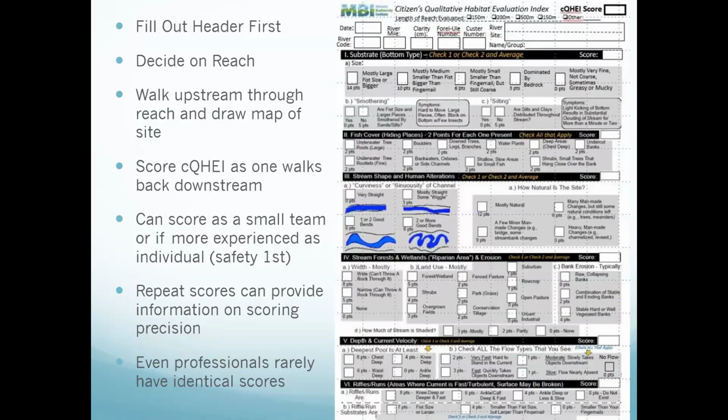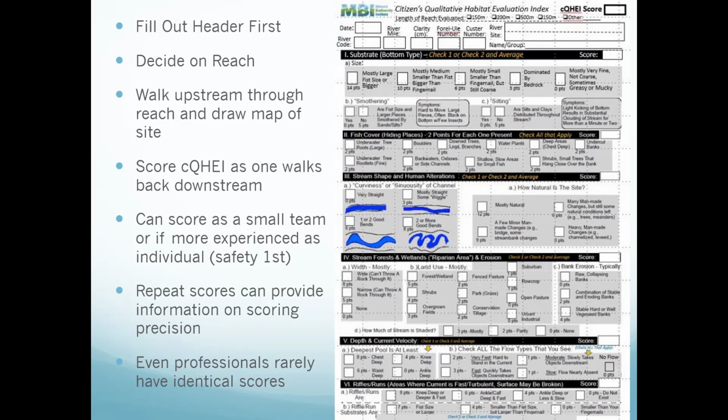Okay, so here's an example of the cQHEI data sheet. We'll have you fill out your header first, make sure you get the date, your name, and your site location in there. Then it's good to walk your reach and decide where your upstream and downstream points are, making sure you have those variable habitat types in your reach.